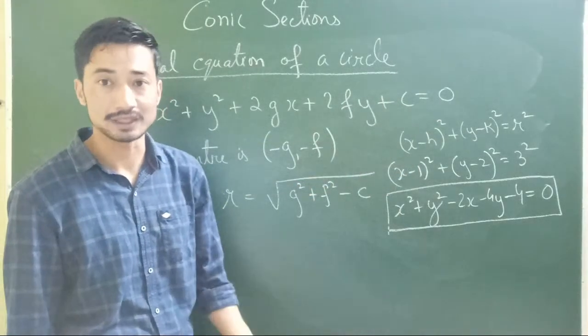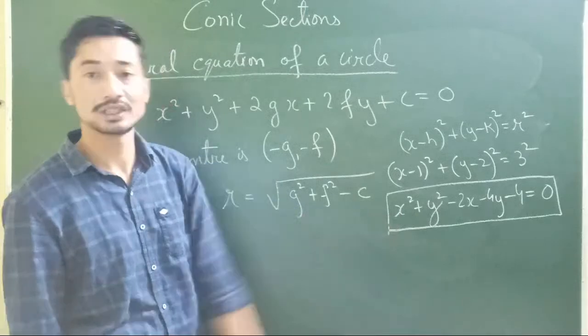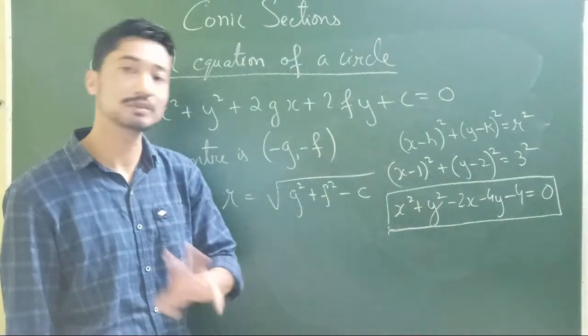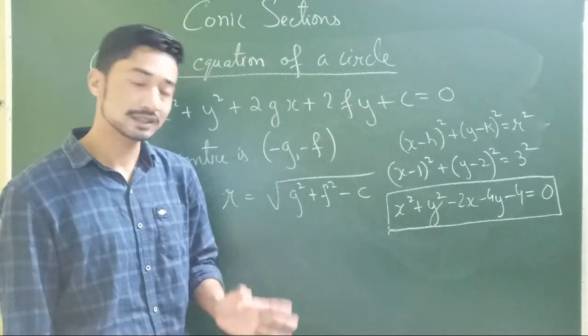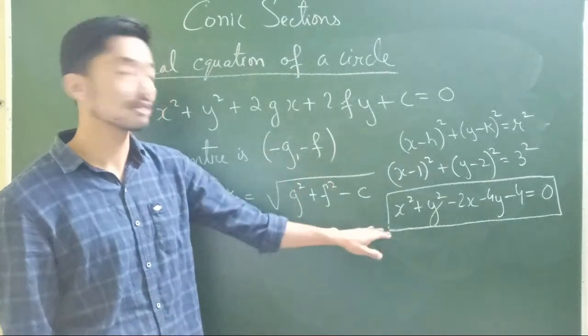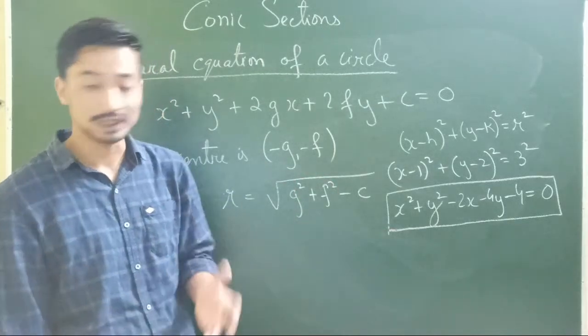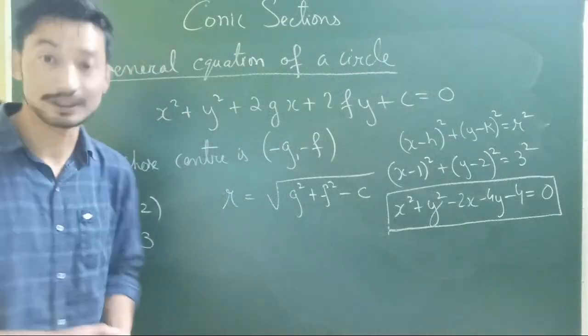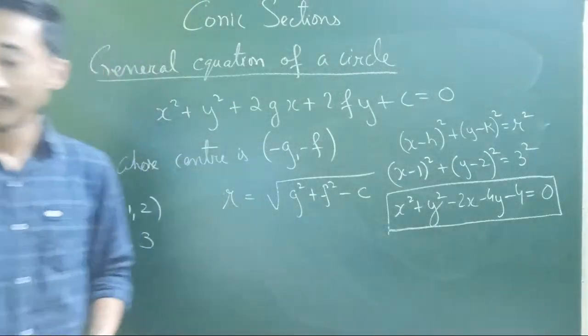So that's the advantage of knowing the general form. Standard form and general form, there's no difference at all. They are just the same, just that the general form is the expanded form. So don't be confused, my dear students.